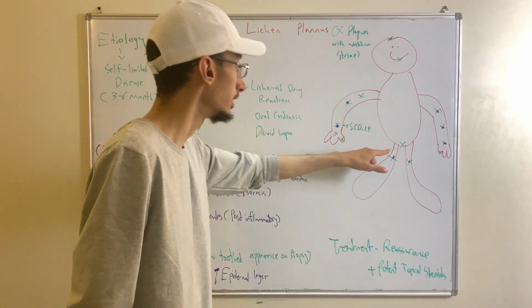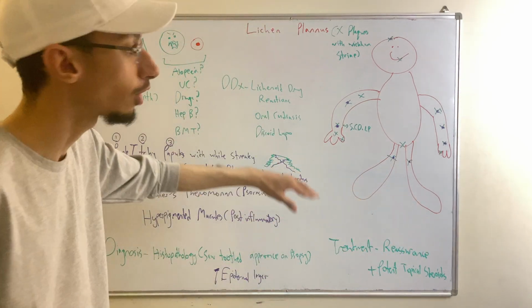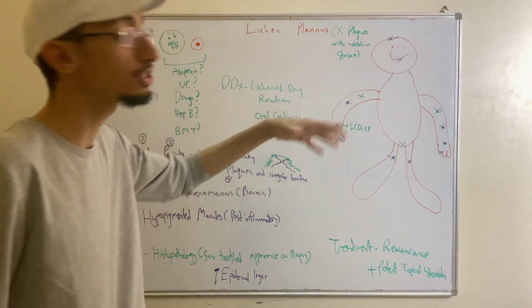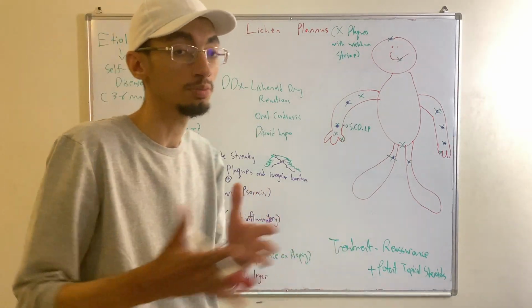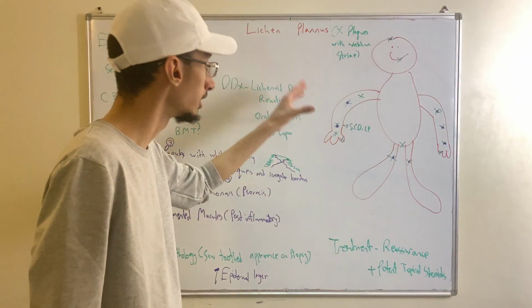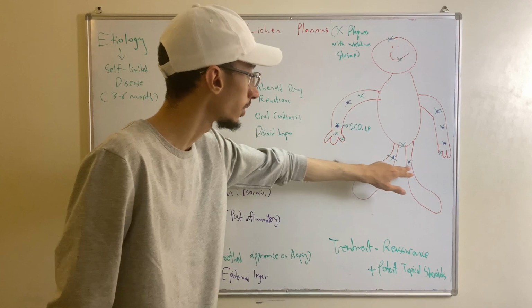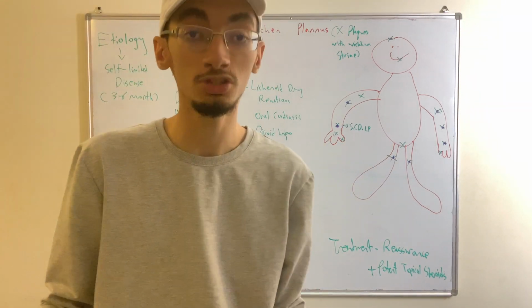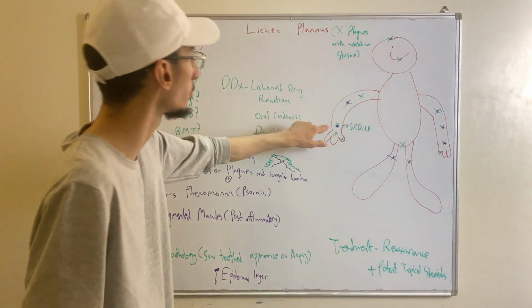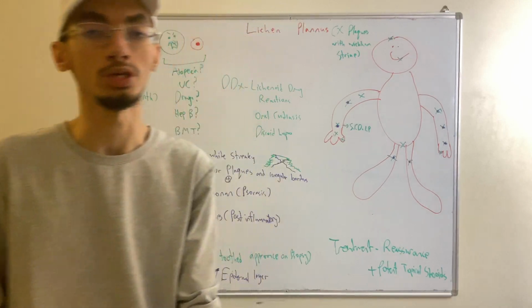It can be seen in the genitalia especially, in the inner thighs, and also in the wrist. Some of the most common sites are the wrists, the trunk, and the genitalia. Typically these lesions are symmetrically bilateral. So if you have a lesion on the right wrist, you might see it on the left wrist as well.